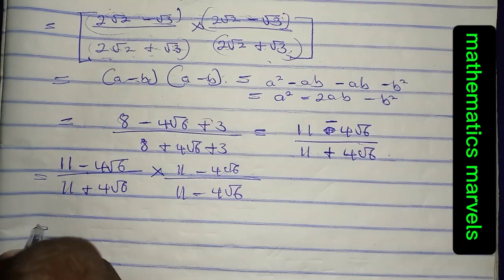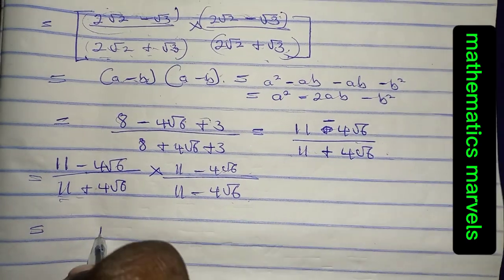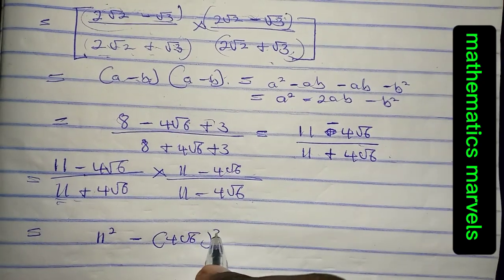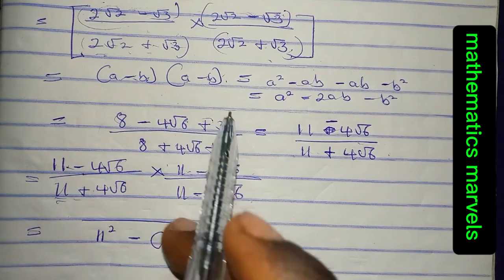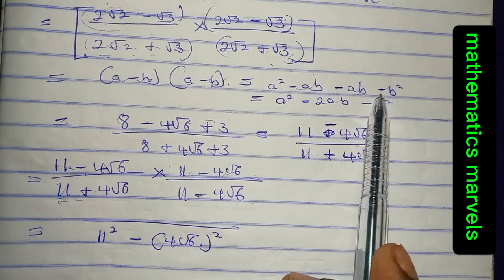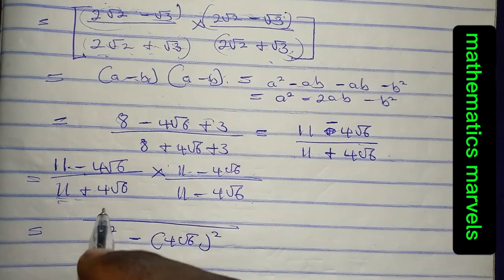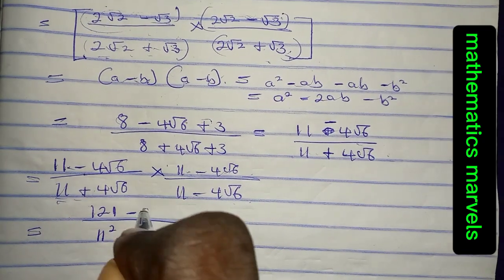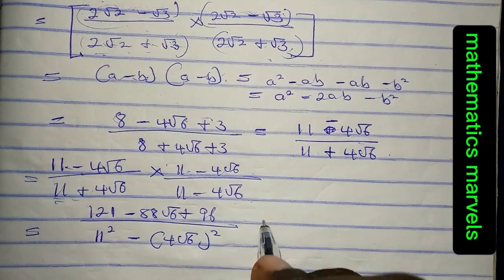If we multiply this, for the denominator, don't forget the denominator is a difference of two squares. So we have 11 square minus 4 root 6 square. And for the numerator, if you expand it, this times this, like I said the other time, you are going to have 121 minus 88 root 6 plus 96.